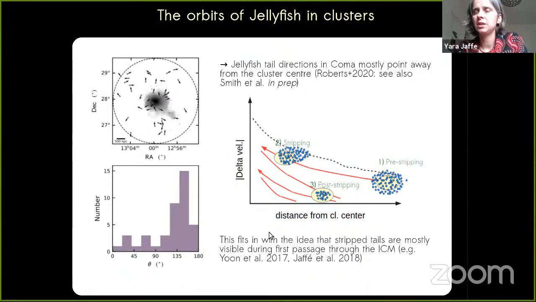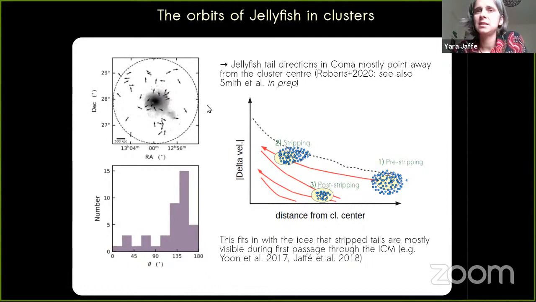This is work in the literature from Roberts et al. 2020, where they plot the direction of the tails of stripped galaxies within the Coma cluster. And they find that most of the tails of jellyfish galaxies point away from the cluster center.